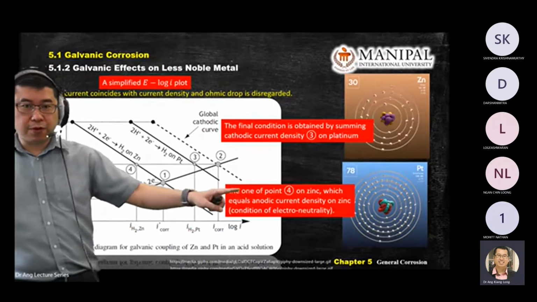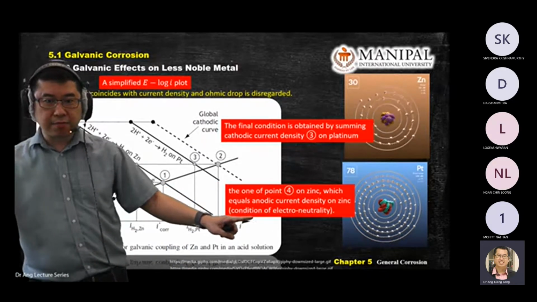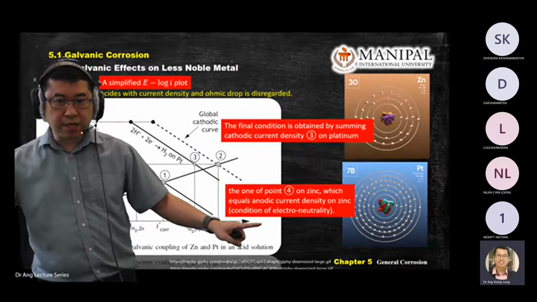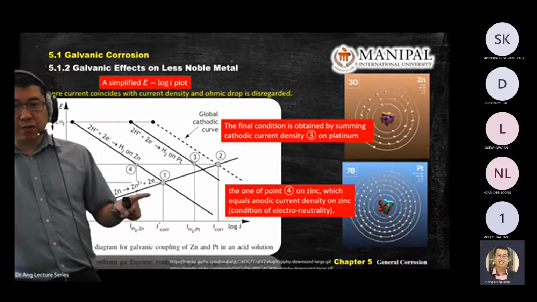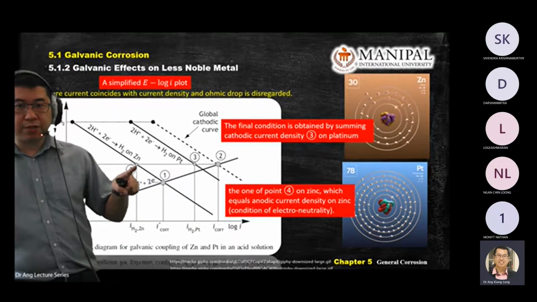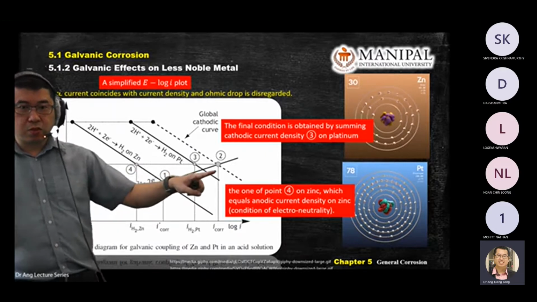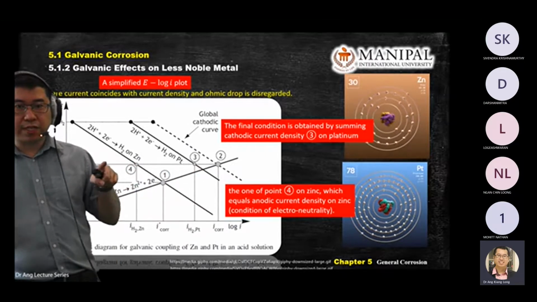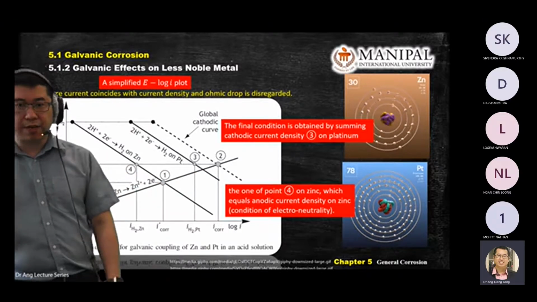At point 4 on zinc, the cathodic current density equals the anodic current density on zinc, so condition of electron neutrality. It means they share the same value of potential on the y-axis. So 2, 3, 4 share the same potential line on your y-axis.